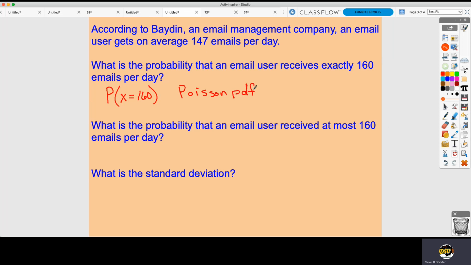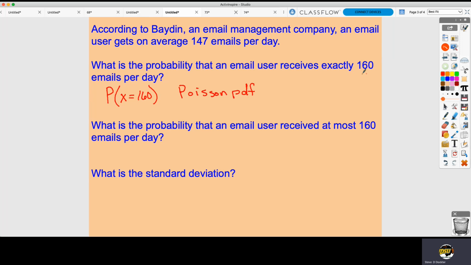All right. I haven't done it on the Inspire, so I assume it's fairly similar to what we did before. But on the TI, the other ones, you just type in what they ask for. So Poisson PDF.